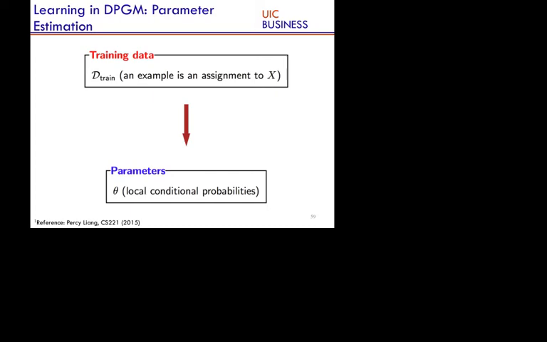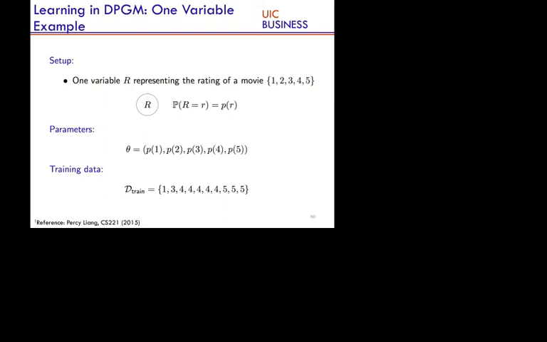Okay. So let's be more specific. Let's start with just one random variable. This should be familiar to you. Let's say it's the rating of a movie. A movie rating can be between 1 to 5. So one random variable is a really trivial graph. It's just one node. Now I want to learn the probability of that random variable taking a particular realization.